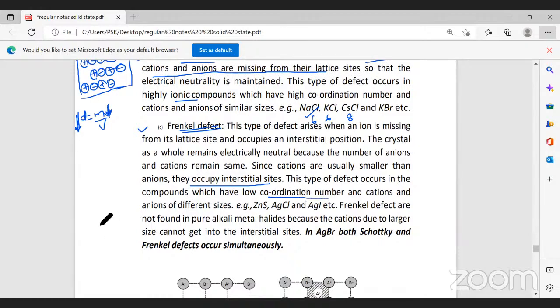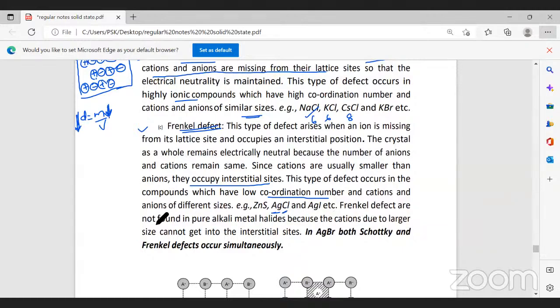With 6 and above, it will show Schottky defect; with 6 and below coordination number, it will show Frenkel defect. In Schottky defect, cation and anion should be of comparable, almost similar size. Here, cation and anion should be of different size. Silver is larger, chlorine is small.